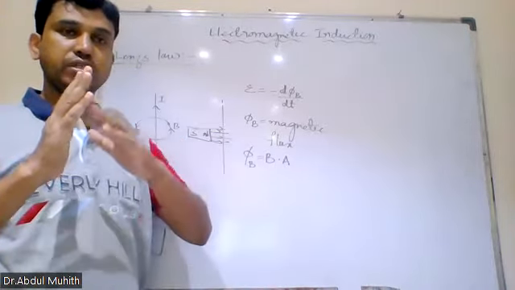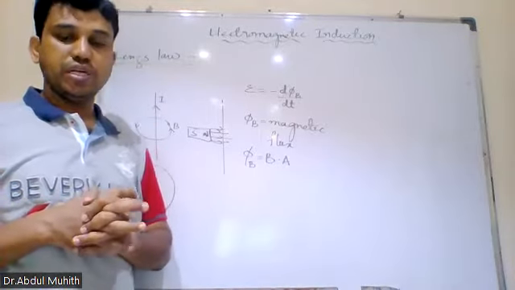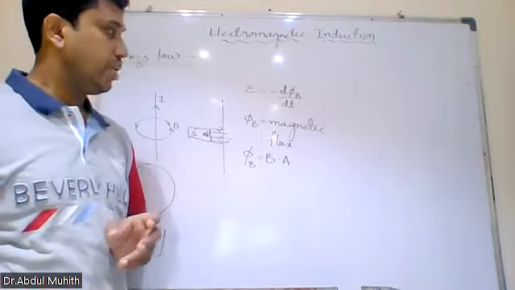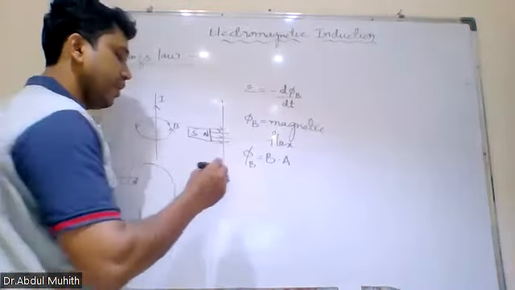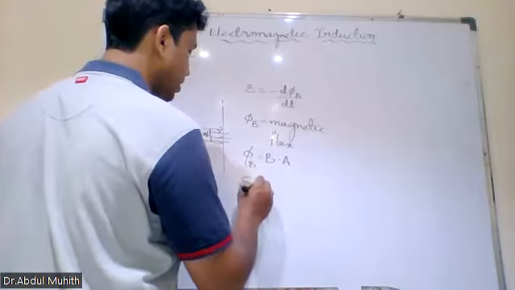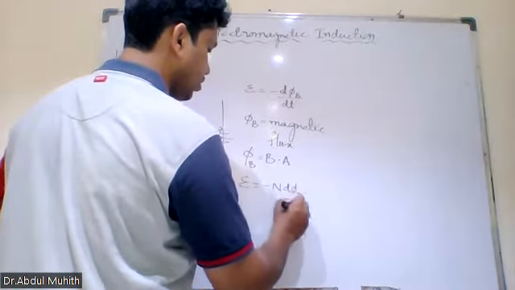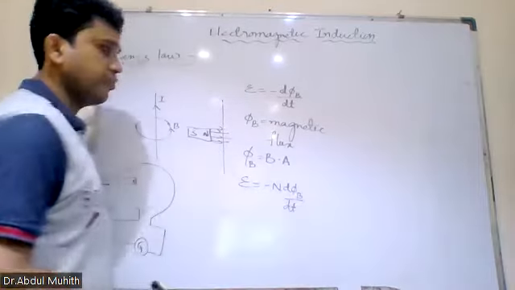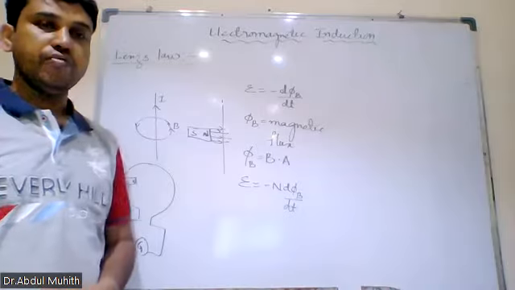Then current is induced in the wire. This particular concept is known as electromagnetic induction. If there are n turns instead of only one turn in the coil, E is given by minus n into d phi b by dt. This is the first statement given by Faraday's law.